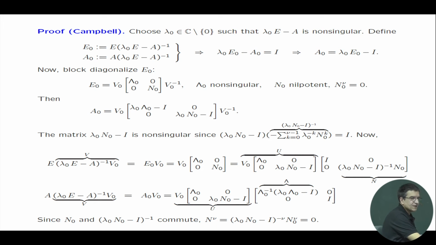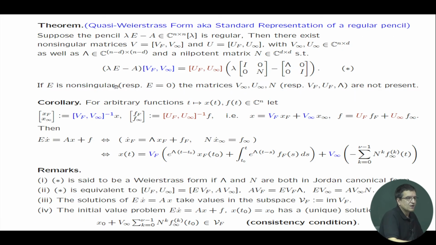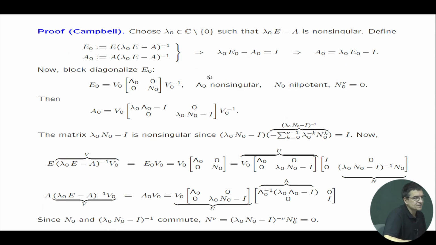Okay, now let me say a word about the proof of this relation here. The proof idea is very simple, because we start with a regular pencil. That means the matrix lambda times E minus A is non-singular for almost all lambdas.